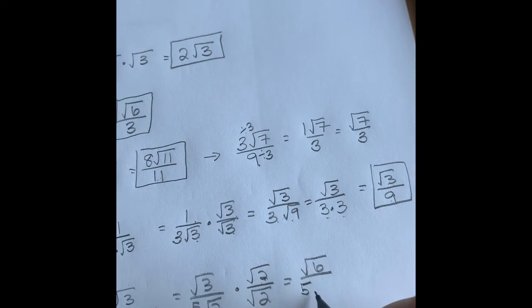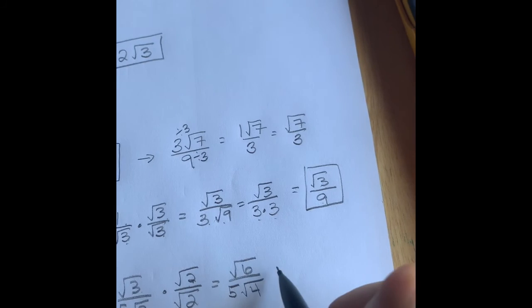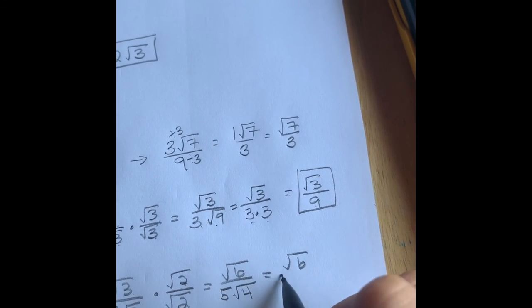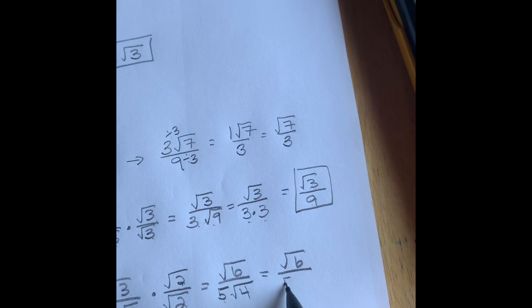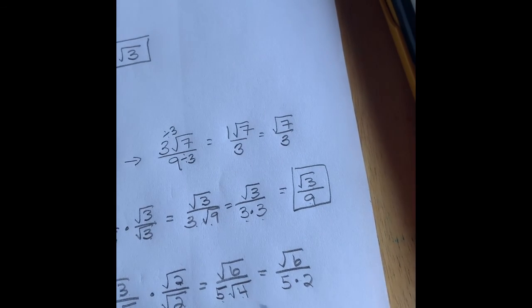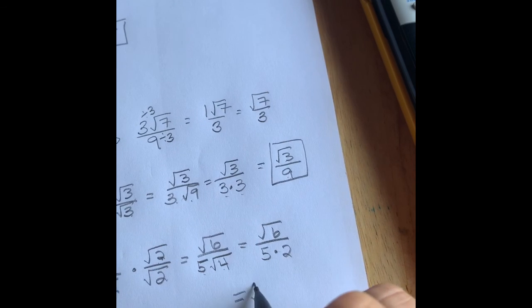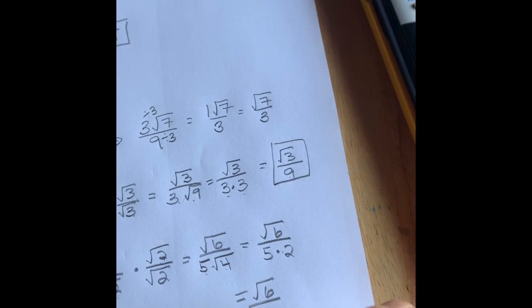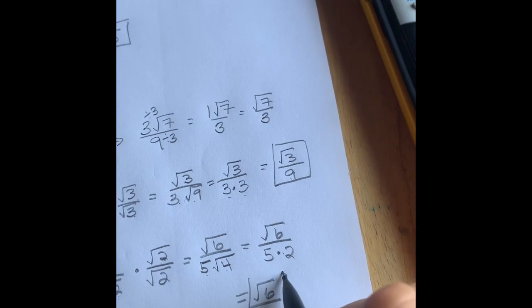And then the square root of 2 times the square root of 2 is the square root of 4. Simplifying this even further, carry over the square root of 6, carry over the 5, and then the square root of 4 is 2. So now we have the square root of 6 over 5 times 2 is 10. Again, we cannot simplify these because this one has a square root and this one doesn't. So that's as far as your answer can go.